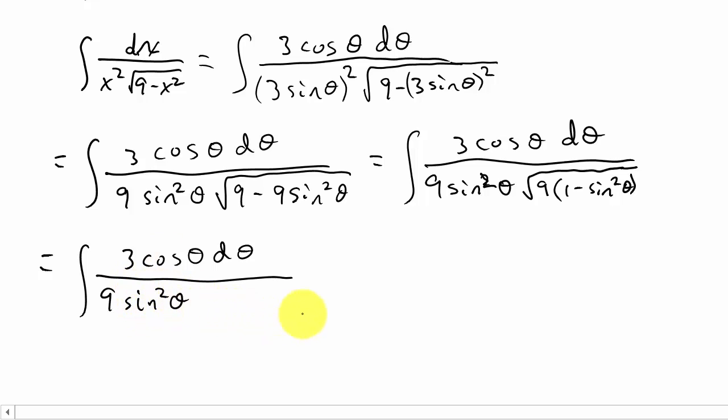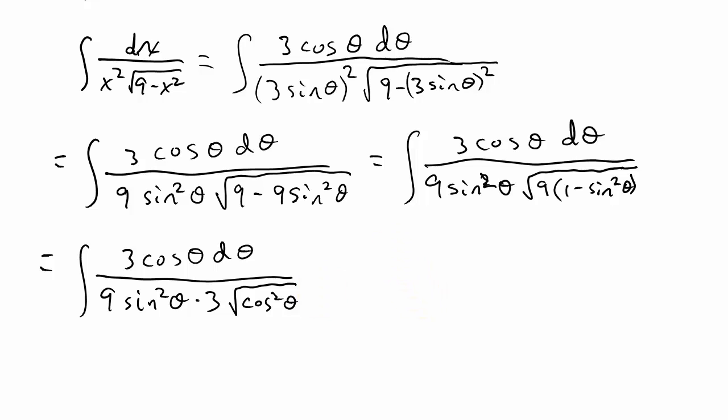The square root of 9 is 3, so that's 3 times the square root of 1 minus sine squared. Well, what's 1 minus sine squared? That's just cosine squared theta.